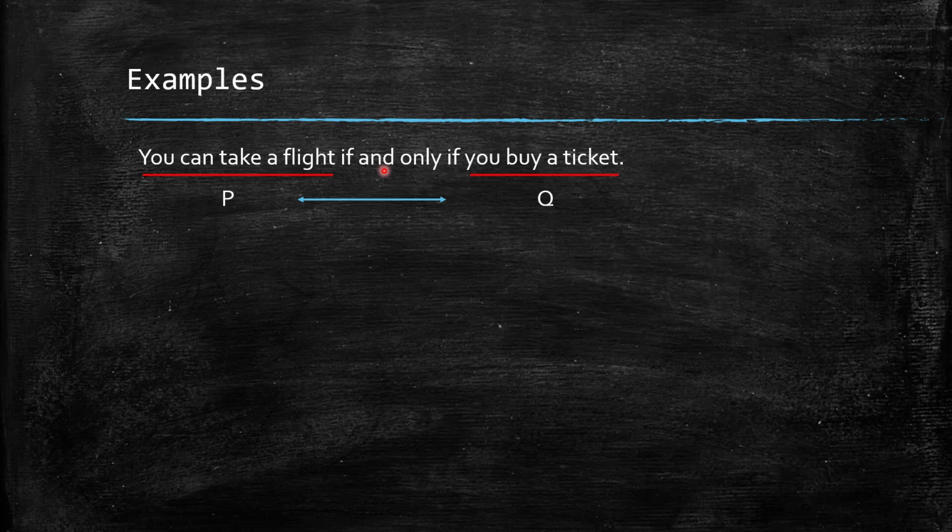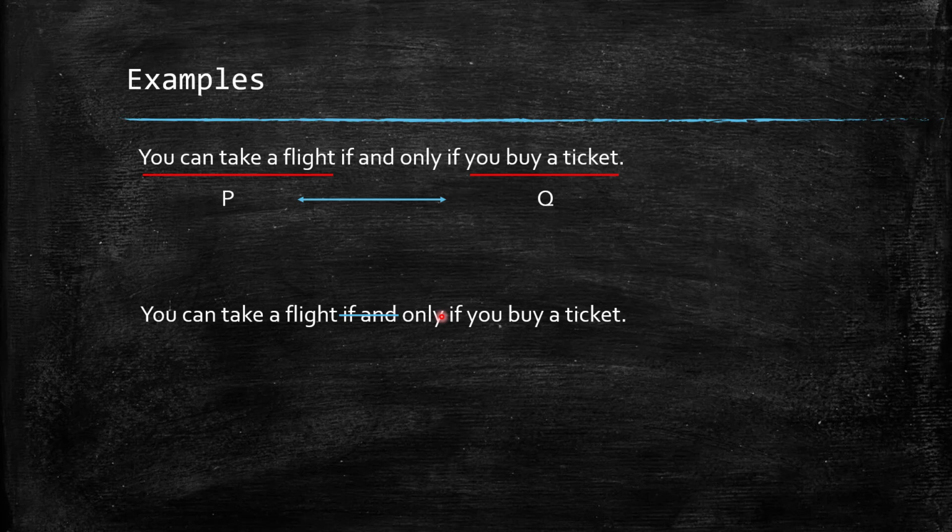Similarly, if I say this particular statement in our daily language, we may say something like: you can take a flight only if you buy a ticket, right? Now this only if construct is our implies construct, P implies Q over here.